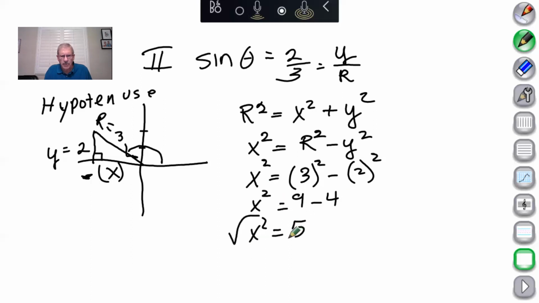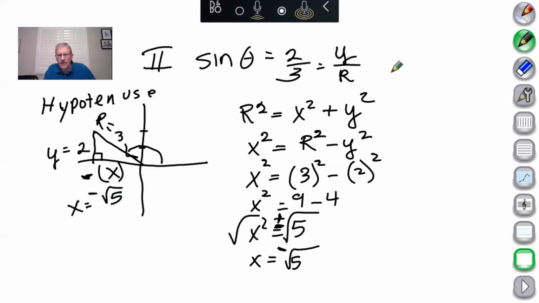And if we take the square root of both sides, x is square root of 5. But remember, square roots can come plus or minus, and in this case, we want the minus value. So it's negative square root of 5. Okay, so I'm going to put that in my little drawing here. So now we know what x is.